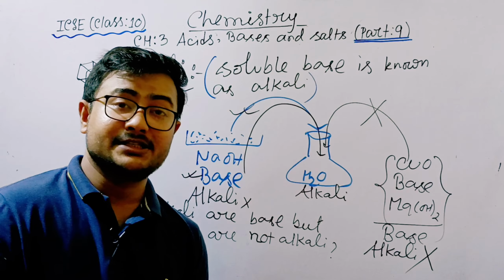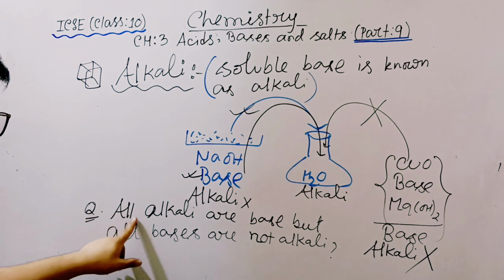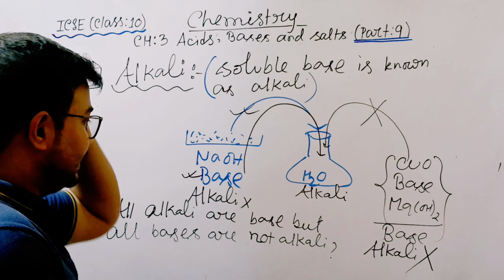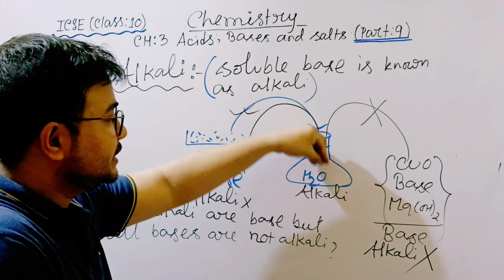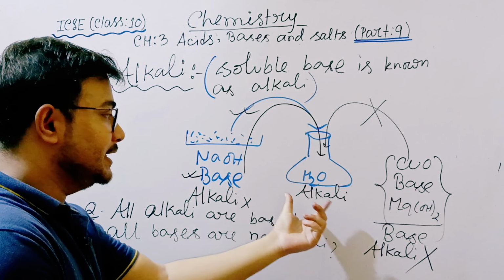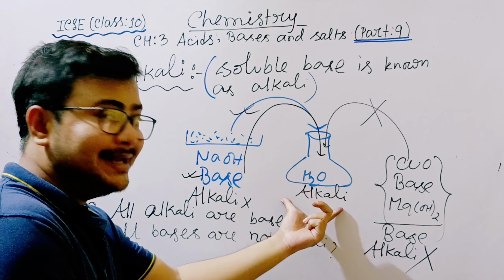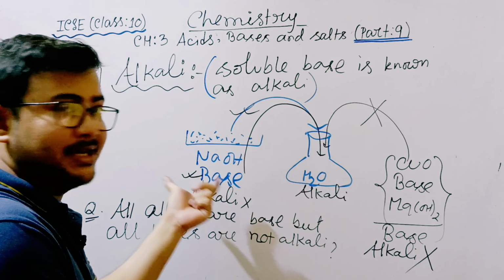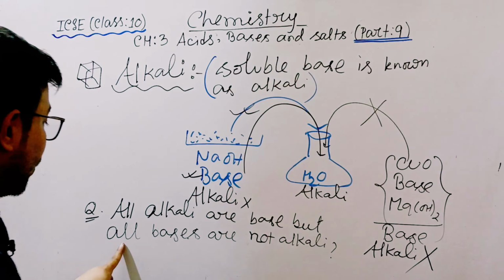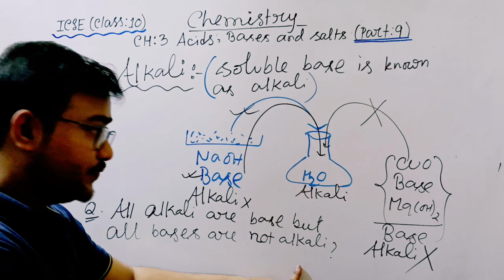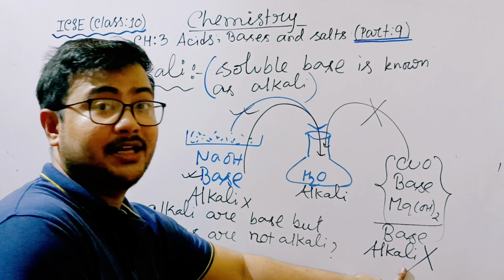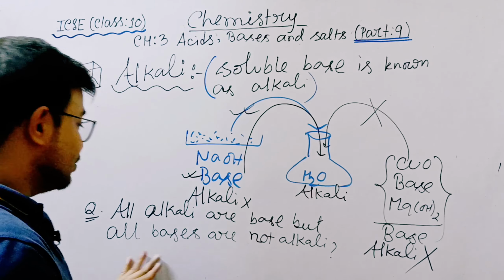Can you give the answer to that question? All alkali are bases. See, which one is called alkali? Whenever you give a base into water, if it is soluble, then it is called alkali. So alkali comes from the base, so all alkali must be base. But all bases are not alkali. Obviously, the base which is insoluble is not alkali. Do you understand?